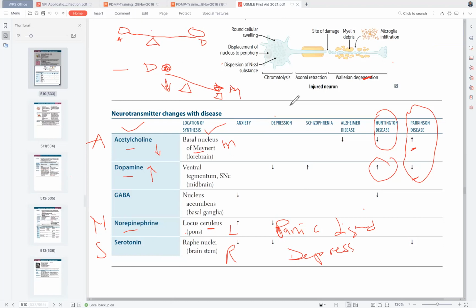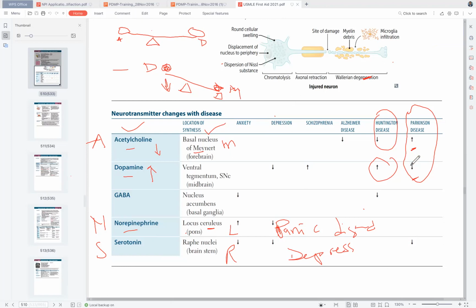It makes sense, right? Like you said, once you know it, you reason it out, then life could be a lot easier rather than cramming it. So benztropine for Parkinson, right?